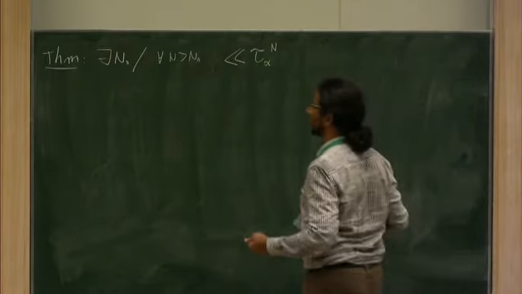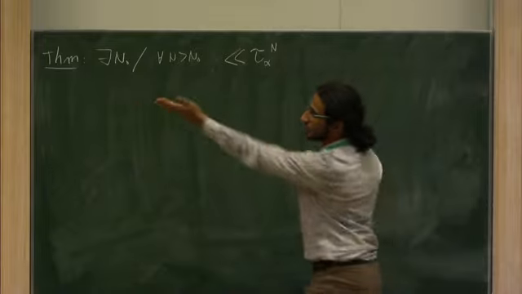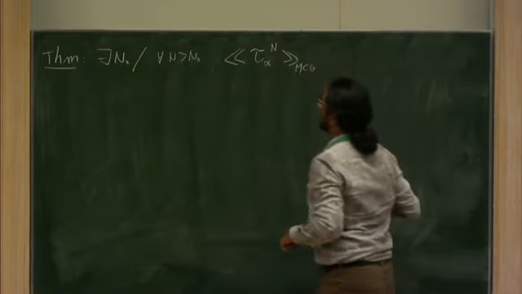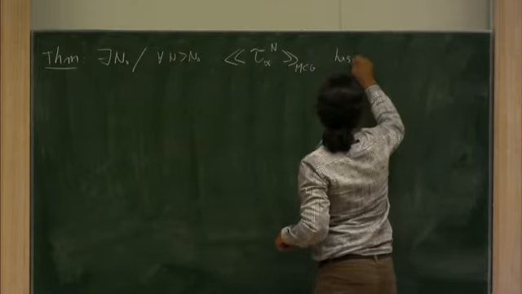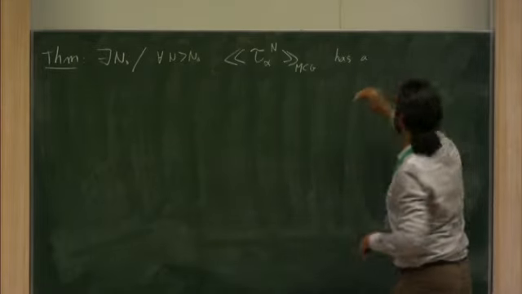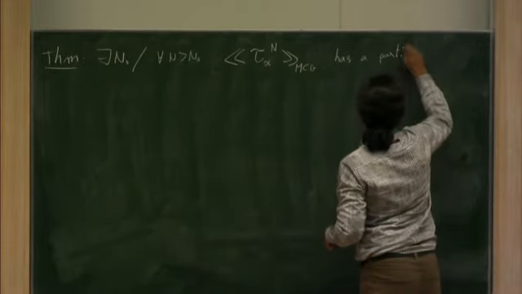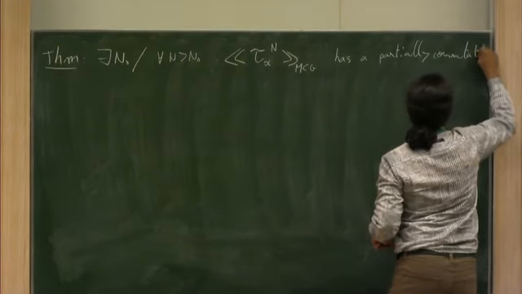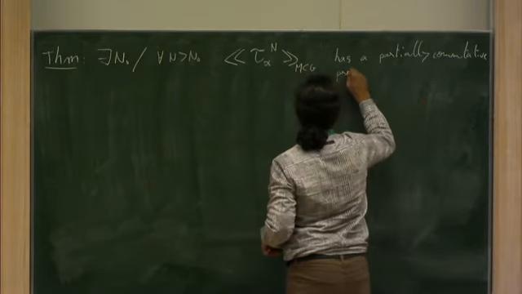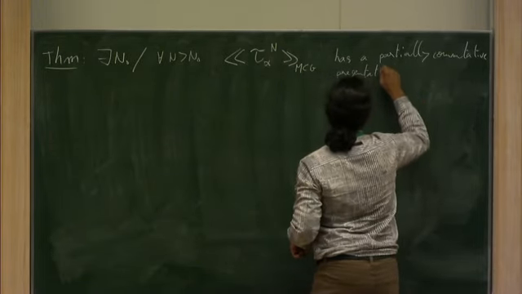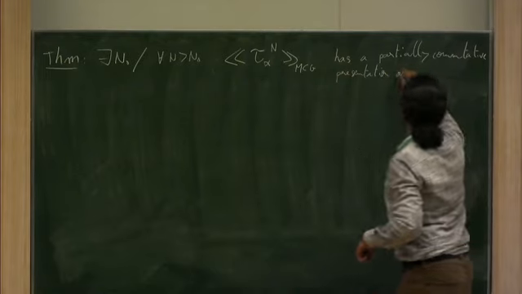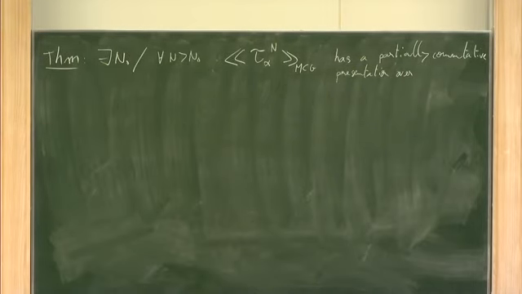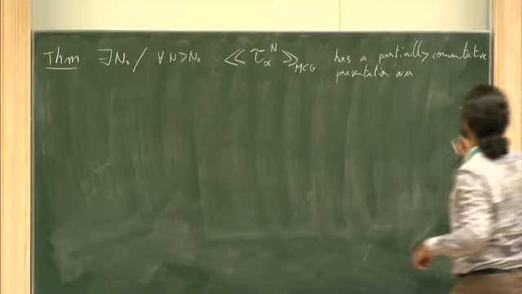That's something you can do in a statement of a theorem, but it's written on the left. In the mapping class group, has a partially commutative presentation over some selection of conjugates of tau alpha.